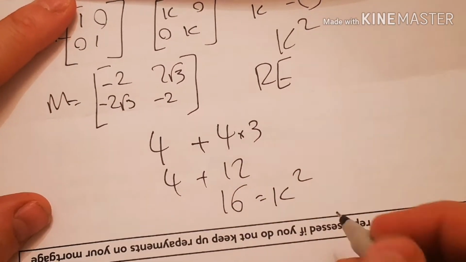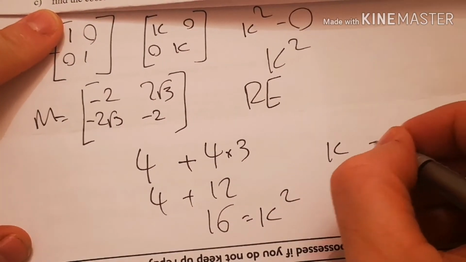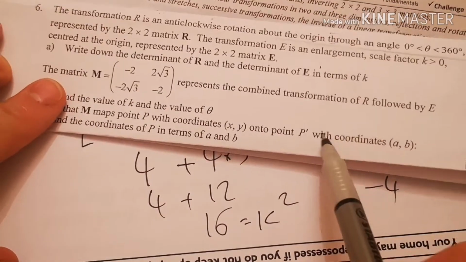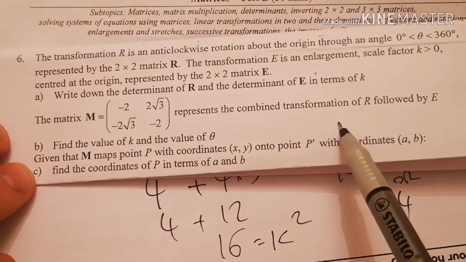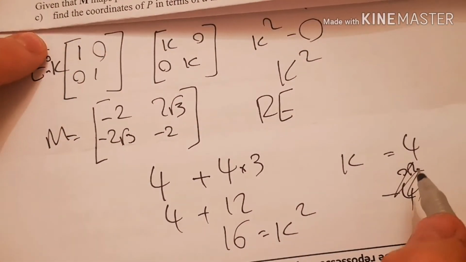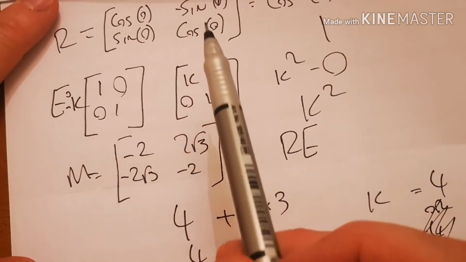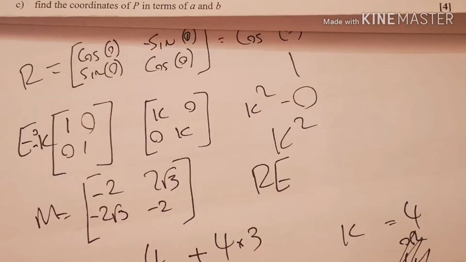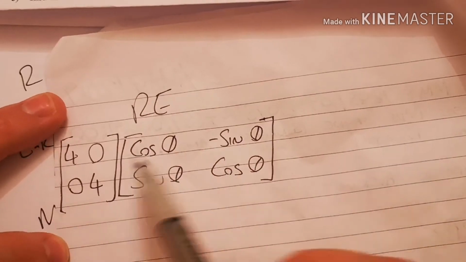So that is my enlargement. If k squared is 16, k's got to equal 4 or minus 4. Since it's an enlargement, k is positive, so my scale factor has got to be 4. To really understand this, you've got to just ignore your rotations, because your rotations won't change the scalar of the matrix.